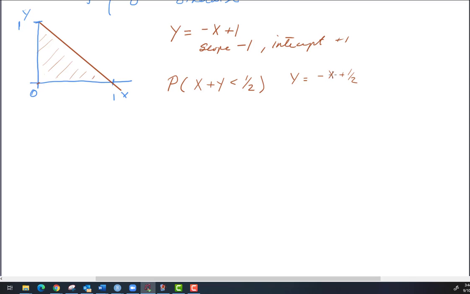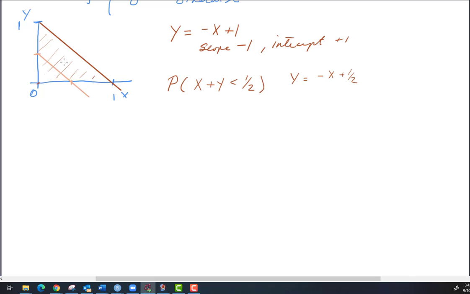It would have a slope of -1, parallel to the line we just put up there, but with an intercept of 1/2. So the intercept would be right here at 1/2, and this would be 1/2 down here. And so there's the boundary of the region that satisfies x plus y less than 1/2.